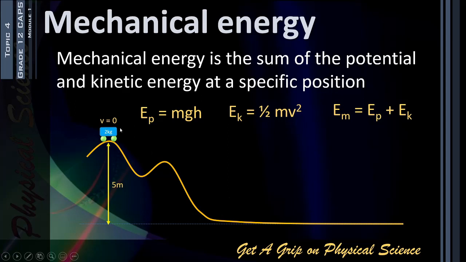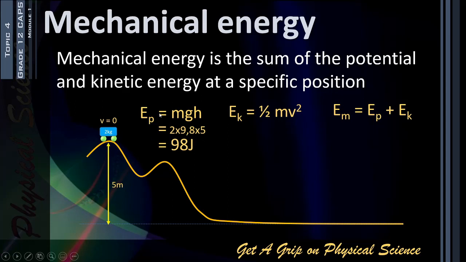So if we consider the initial position where the trolley has a velocity of 0 because it starts from rest, the potential energy will be the mass of the trolley, which is 2, times gravitational acceleration of 9.8, times the initial height, which is 5 meters.